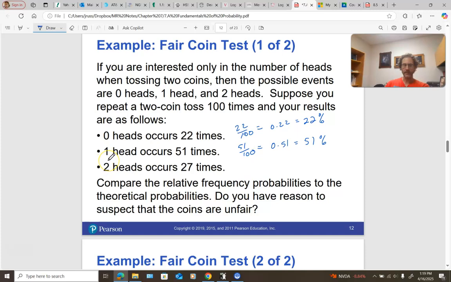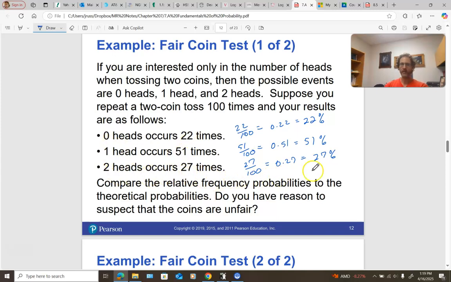And then both coins coming up heads occurred 27 times. So 27 out of 100, which is 0.27, or 27%. These are the probabilities we obtained through actually performing this experiment 100 times. These are the relative frequencies for each of these three events.